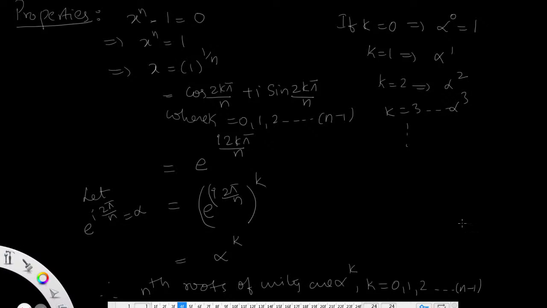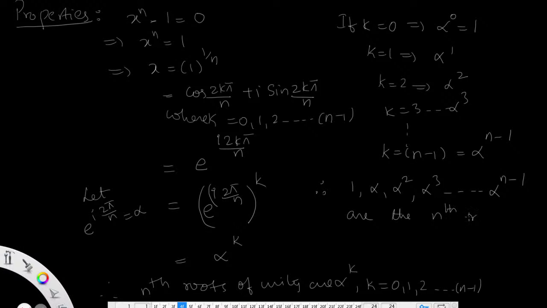Up to n minus 1 roots, the last term is n minus 1, so you get the root alpha to the power of n minus 1. Therefore, the roots in the shortest form are 1, alpha, alpha square, alpha cube, and so on up to alpha to the power of n minus 1, the nth roots of unity.